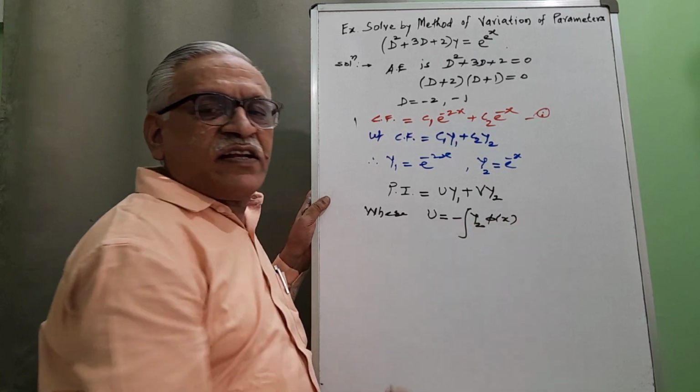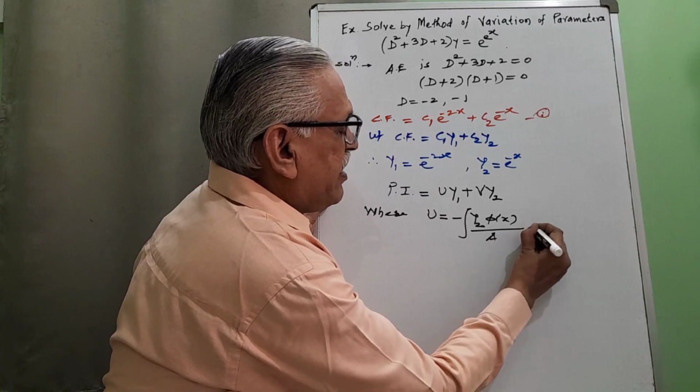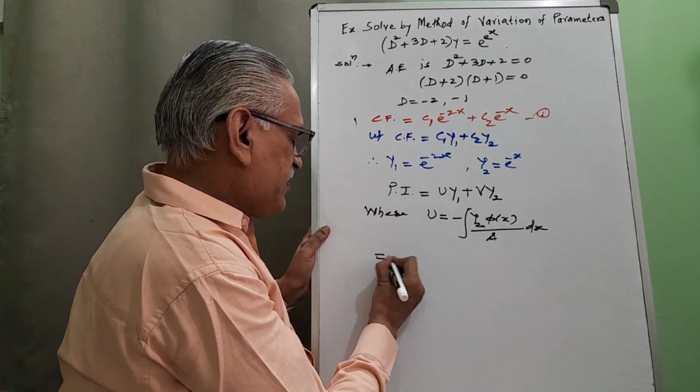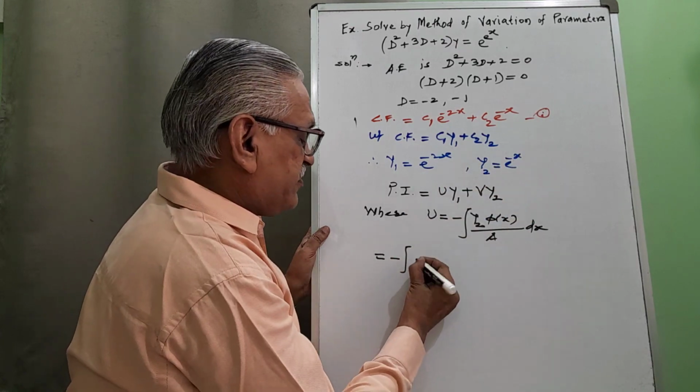Phi of x means the right hand side of the given differential equation divided by A, and its integration with respect to x. Performing this integration, the value of y2 is e raised to minus x.